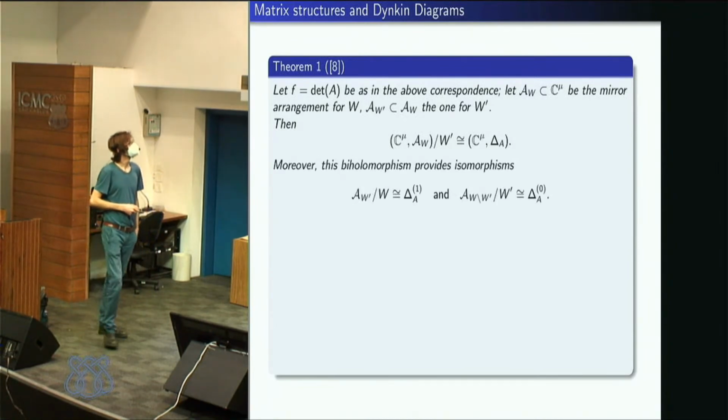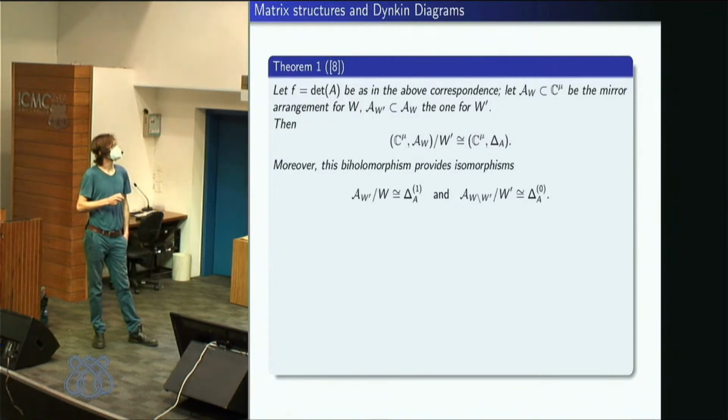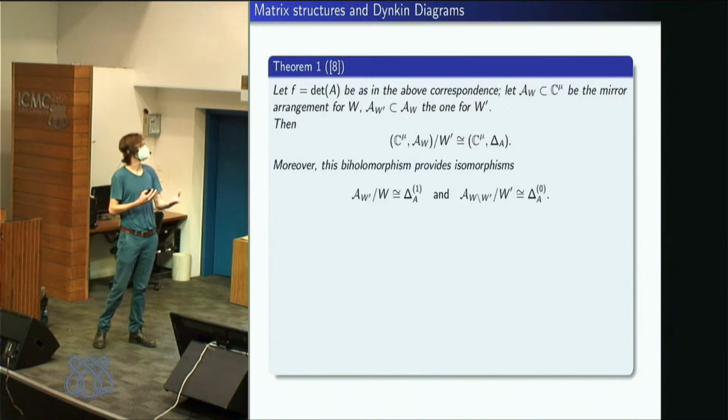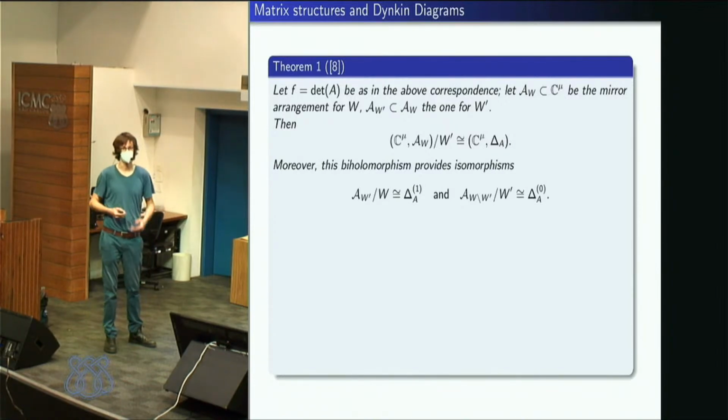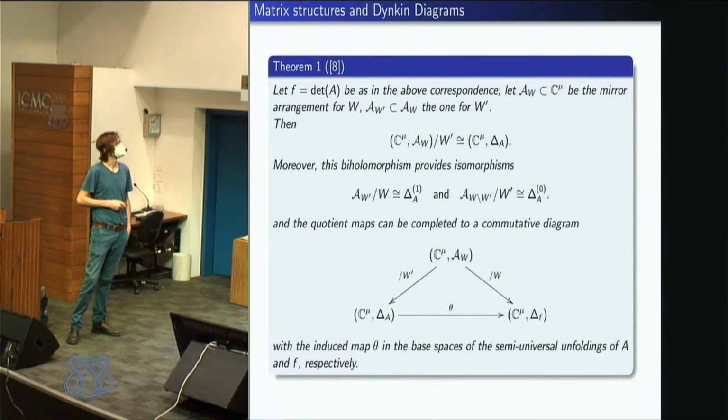And moreover, we have a biholomorphism of a decomposition of the discriminant. This discriminant now decomposes into two parts, which we also saw before, depending on how the image is non-transversal to the generic determinantal variety. And this corresponds to the subset of mirrors which are in W prime and those which do not belong to W prime.